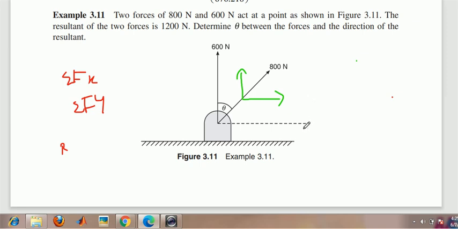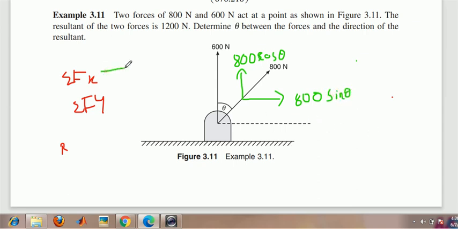Theta is the inclination with respect to the y-axis. Therefore, our y component is cos and x component is sin. That is, 800 cos theta is your y component and 800 sin theta is your x component.